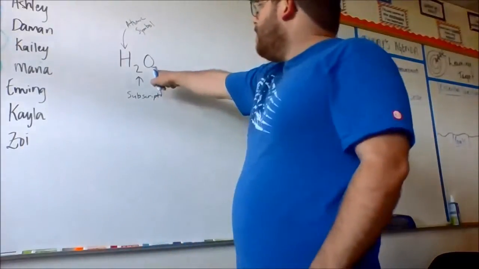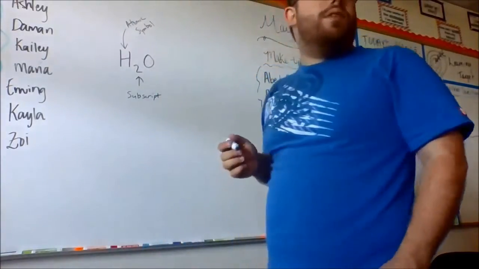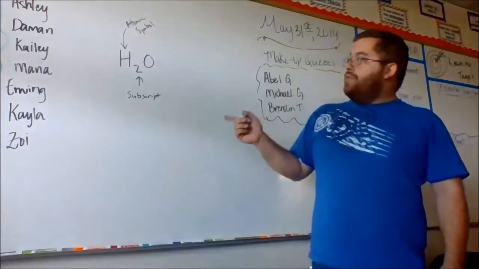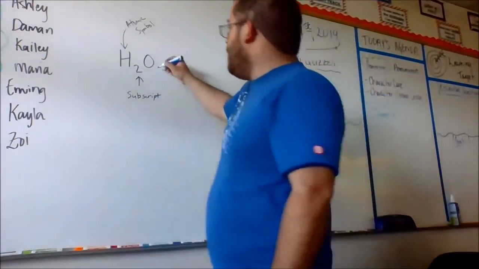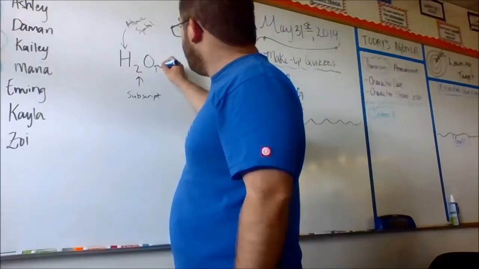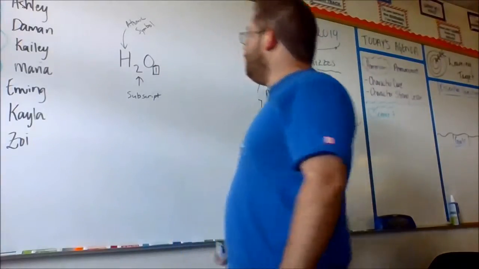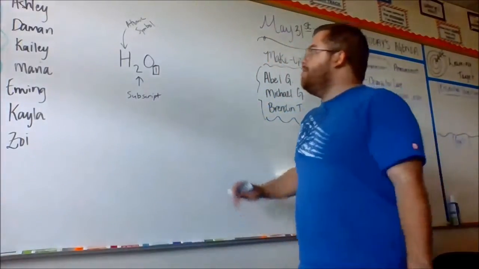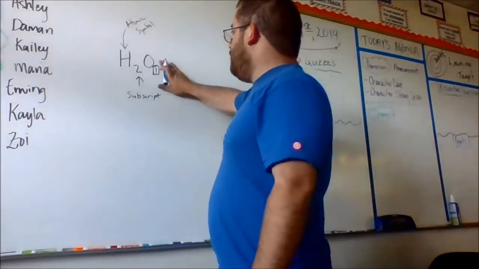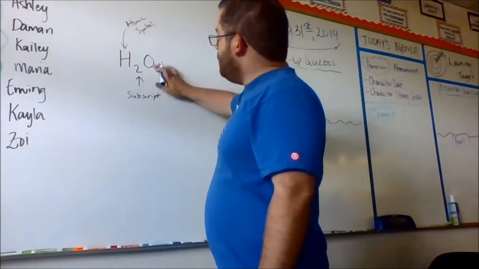Now, there could also be no subscript present. Okay, when there's no subscript present, then that is assumed to be a 1. Okay, so for simplicity's sake, scientists instead put nothing. They just leave it blank.